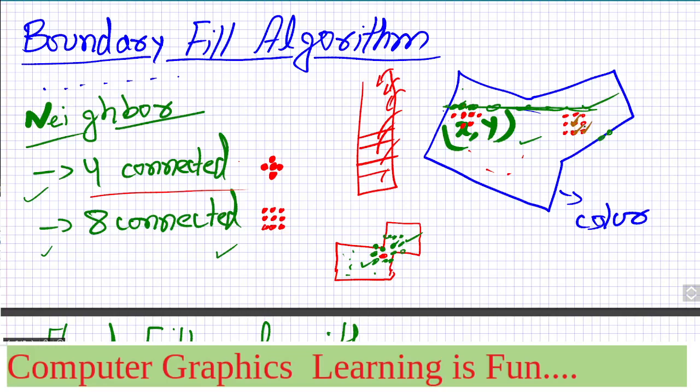This procedure first checks whether it is a boundary or not. If it is a boundary, it will stop there, and if it is not a boundary, then it will apply the new color and consider its new neighbors. On these new neighbors, again you apply the same procedure. If it is a boundary pixel or an already filled pixel, then it will stop, and again it will consider the new pixels. So this happens in boundary fill.